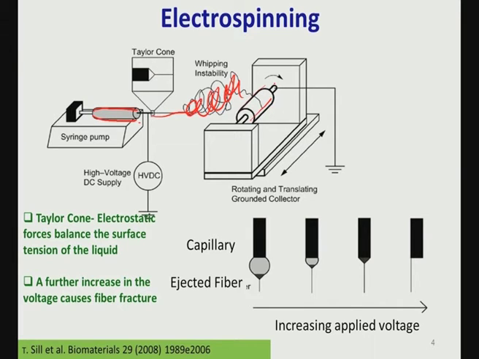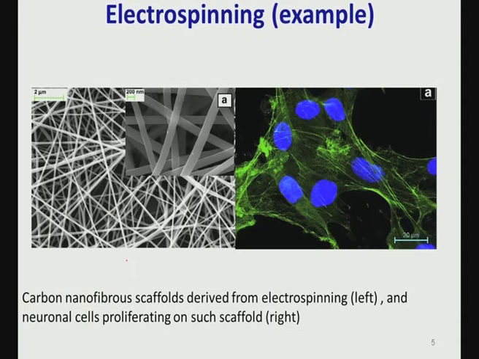This shows how capillary forces are important, and the cone forms with increasing applied voltage, which you apply between the syringe pump and the collector plate. Taylor cone formation is of fundamental importance in electrospinning, and it originates from the electrostatic force balance and the surface tension of the liquid.